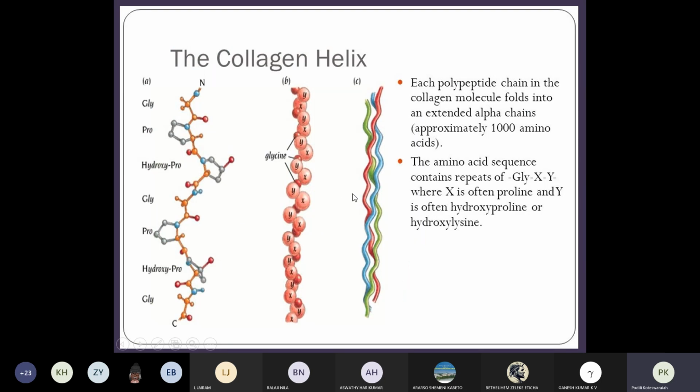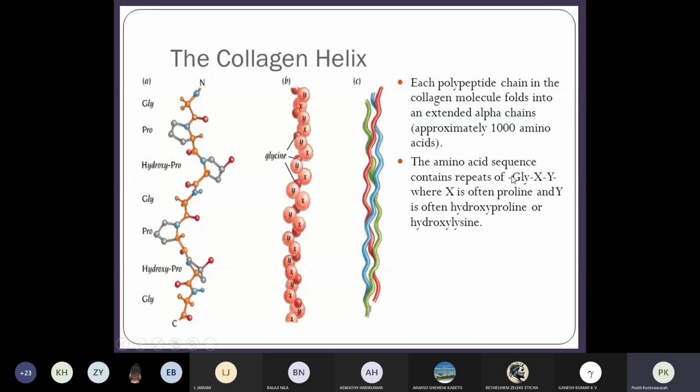Each polypeptide chain has roughly 1000 amino acid residues, that means the three polypeptide chains have almost 3000 amino acid residues.